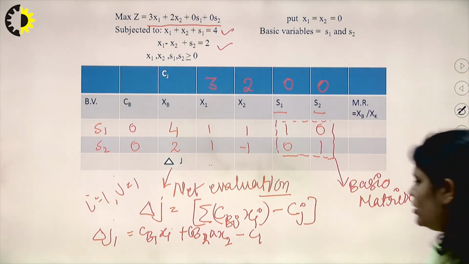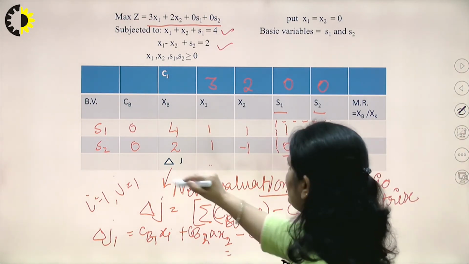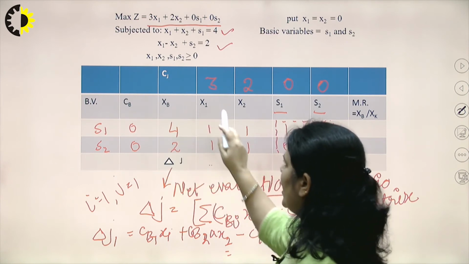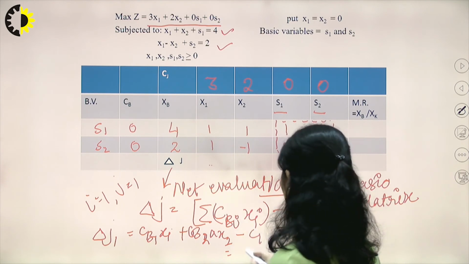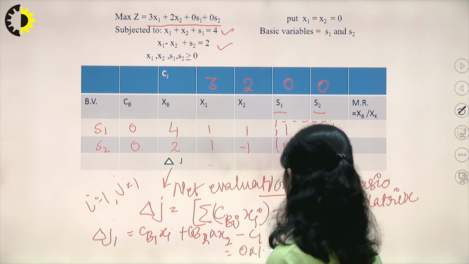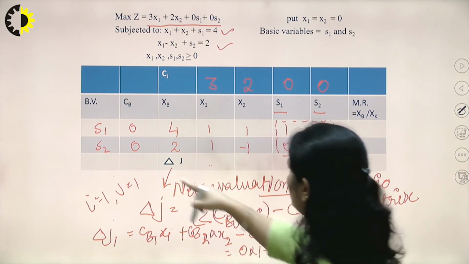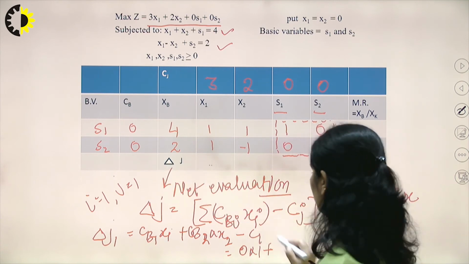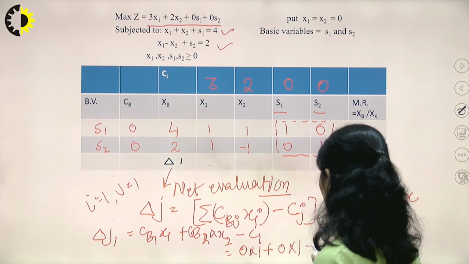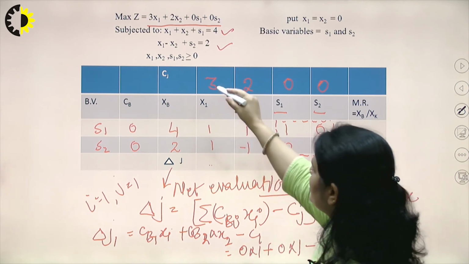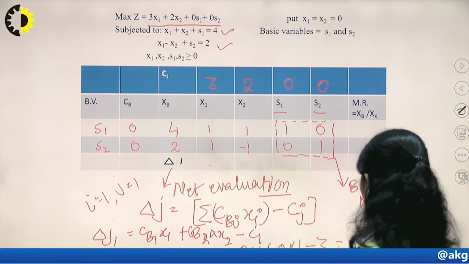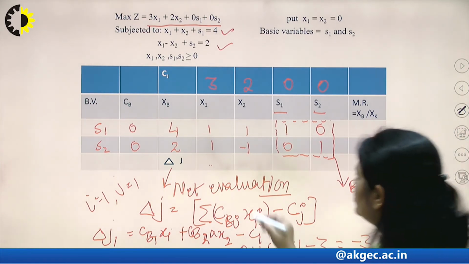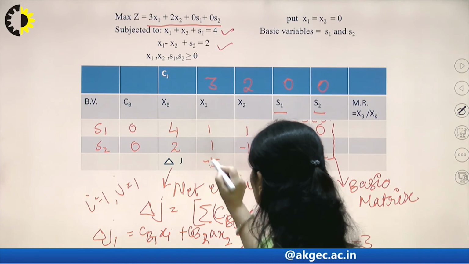If we calculate the value of delta J, here CB1 is 0, x1 is 1, so it will become 0 into 1 plus CB2 is 0 into 1, minus C1, C1 is 3, so the value comes out to be minus 3. Clear? So we will write here minus 3.